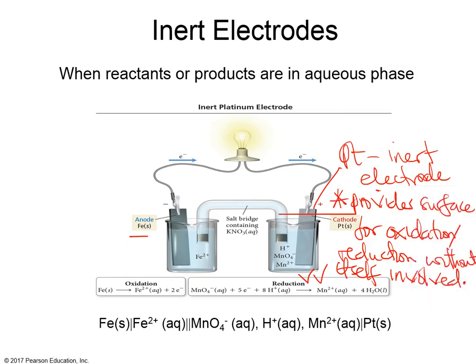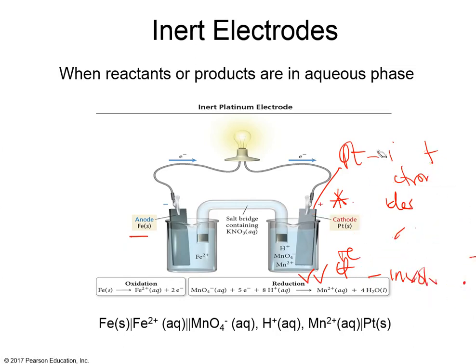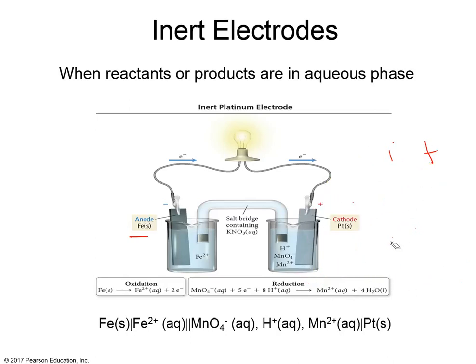In a situation like that, where you have an inert electrode, the half reaction should have platinum at the end. So here, you see we are moving from Fe, so we put Fe here, to form Fe2+, so we put Fe2+ aqueous here. But then we have these ions here.